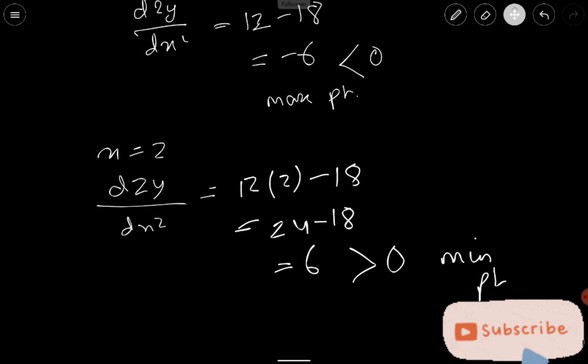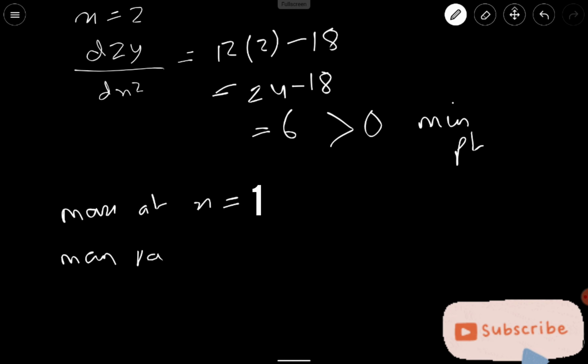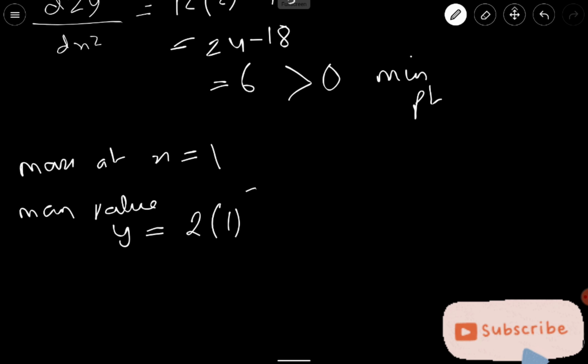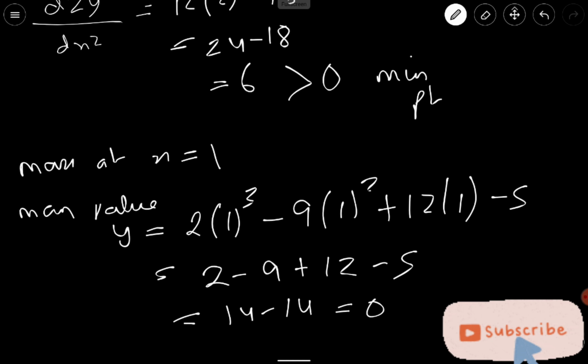We know that the graph is a cubic graph and it will have a maximum at x equals 1, and the maximum value of y will be 2 into 1 cubed minus 9 into 1 squared plus 12 into 1 minus 5, which gives us 2 minus 9 plus 12 minus 5, which is 14 minus 14, which is 0. So the maximum value is 0.